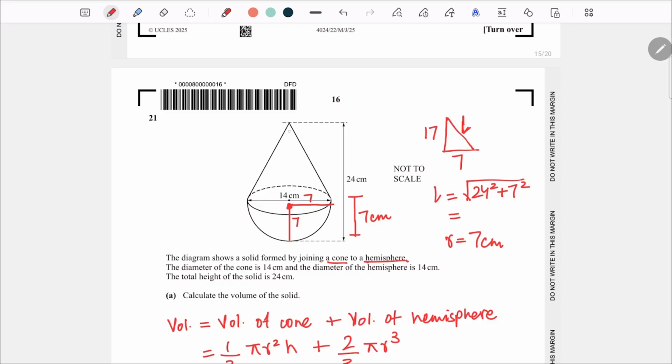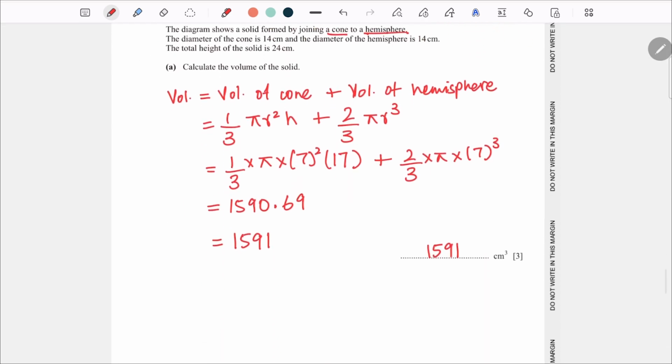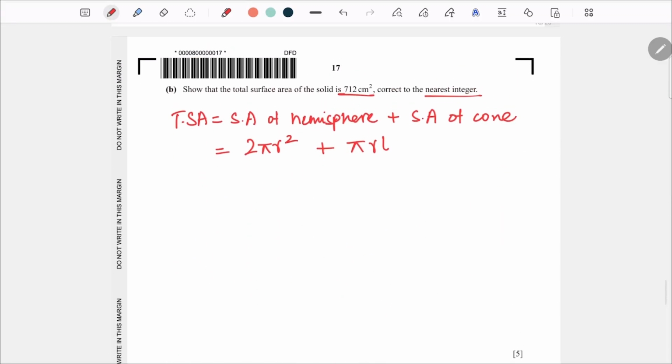So this height right here is 17, this is L and this is 7. So L will be equal to square root 17 square plus 7 square. And this basically comes up to 13 under root 2 centimeters.